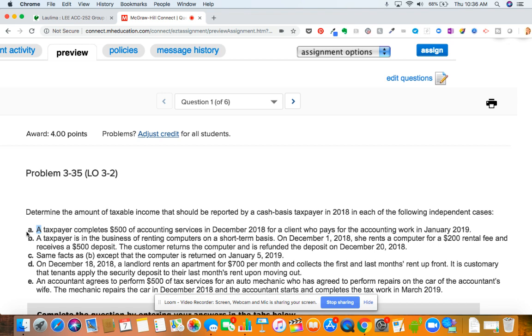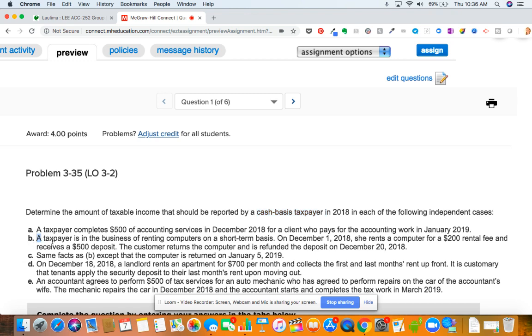How much is income in 2018? Nothing, because they weren't paid till 2019. Now remember, this is highly dependent on the fact that this is a cash basis taxpayer, right? If they were accrual, as bigger businesses are, then they would have recorded that income in December. But with cash basis, smaller taxpayers, like individuals, they get to just follow cash basis.